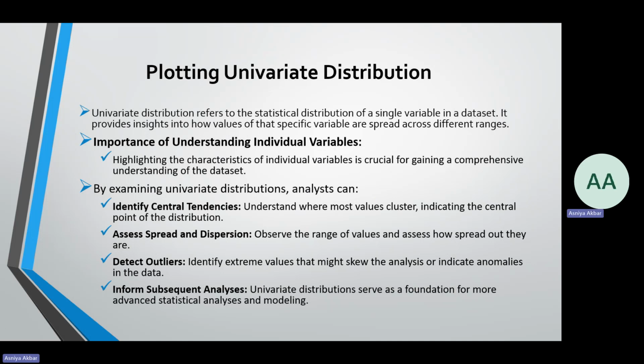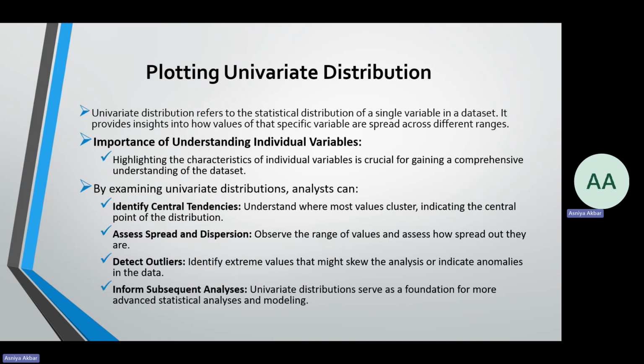Next up, we have plotting univariate distribution. Univariate distribution refers to the statistical distribution of a single variable within a data set. Basically, it involves analyzing the spread and pattern of values for that specific variable.